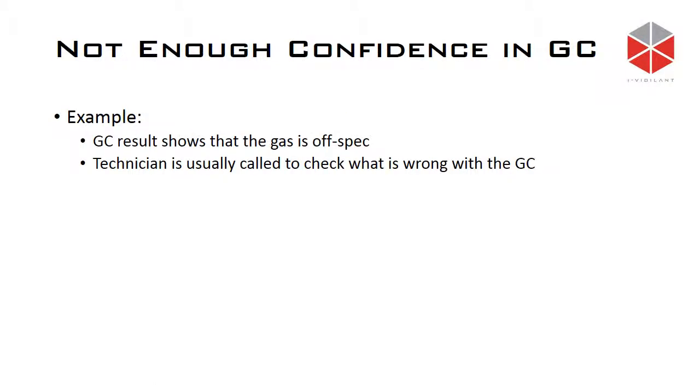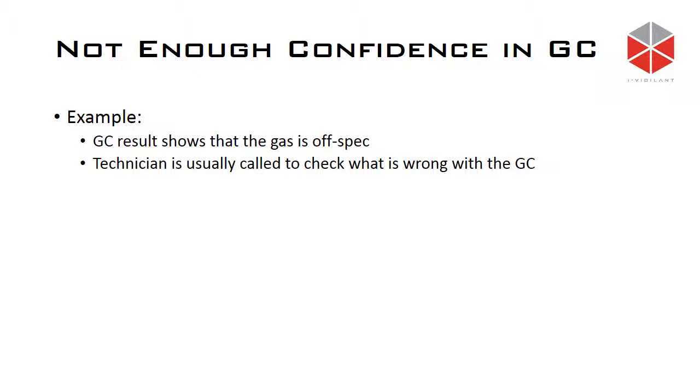So all this basically leads to not enough confidence in our GC measurement. One example is that sometimes when the gas goes off spec and the GC reads that the gas is off spec, what gets the blame is normally the GC rather than the process gas.